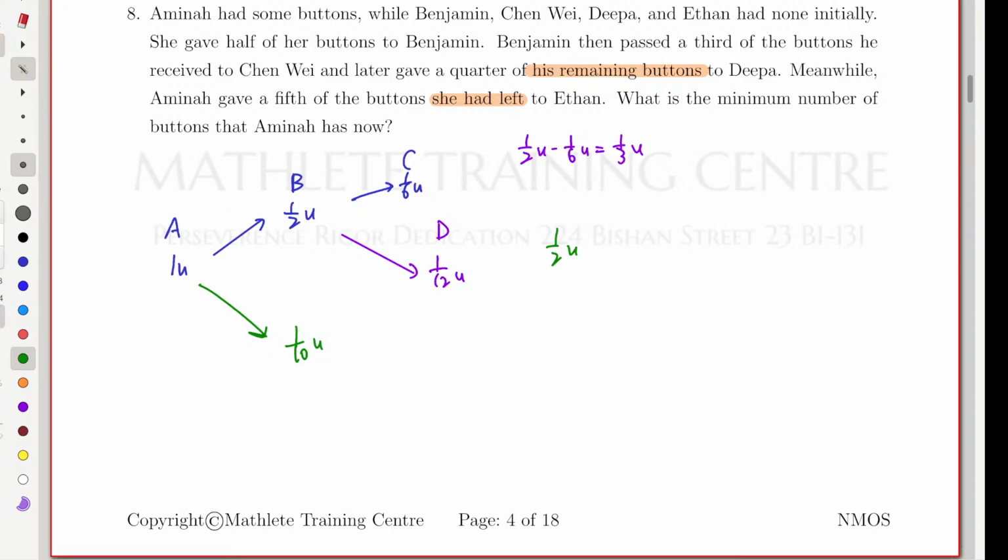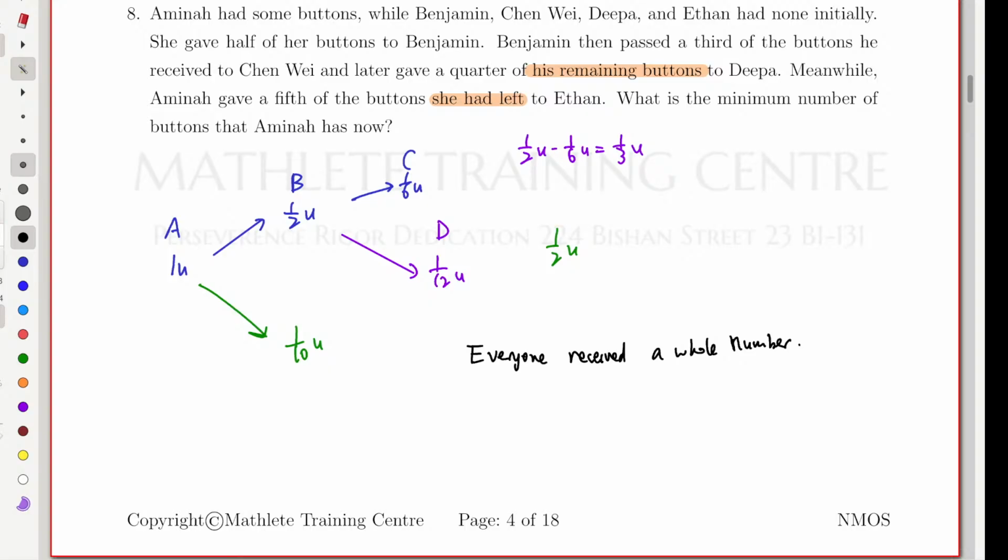Now, we're trying to determine just from these conditions what's the minimum number of buttons. It seems like there are not enough conditions. But the trick is that everyone must have received a whole number. Right? You cannot receive half a button. That is not possible.